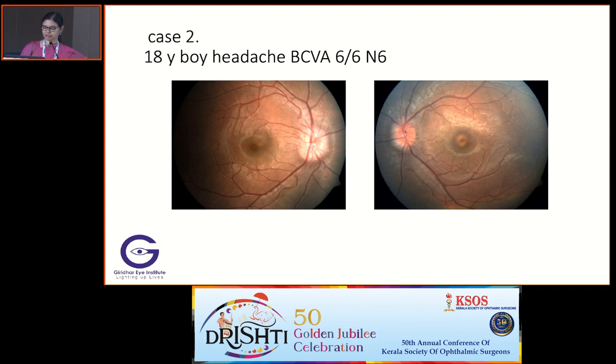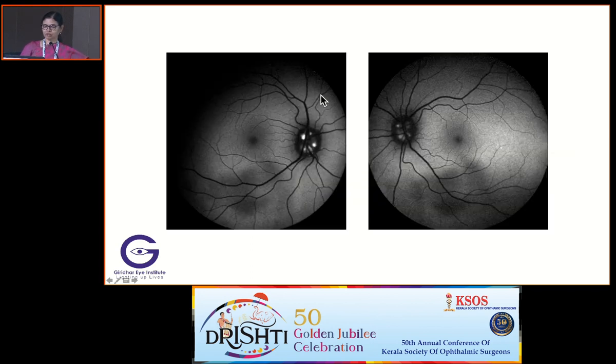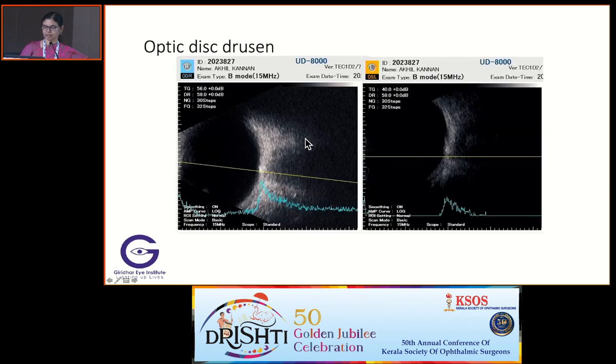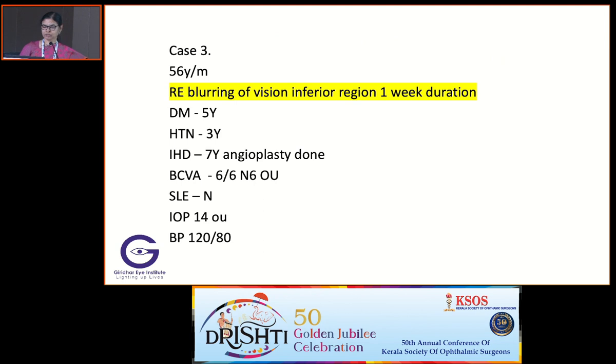The bilateral fundus picture showed bilateral disc edema. OCT showed some globular bodies here, and on autofluorescence there were hyper-autofluorescent substances in both eyes, and ultrasonography showed hyperreflective bodies in both eyes. So it's a case of disc drusen.